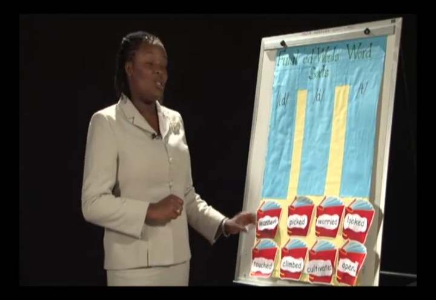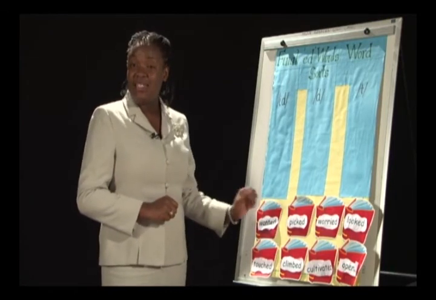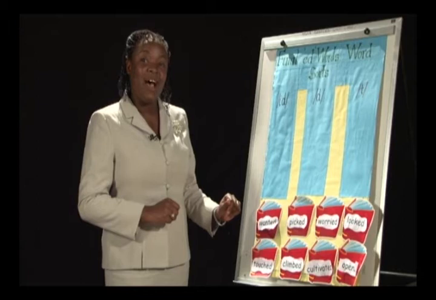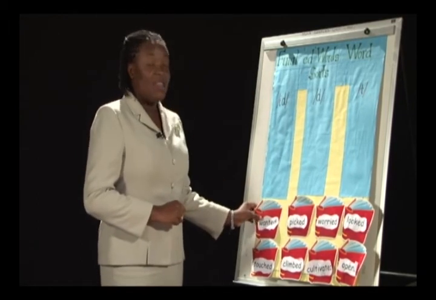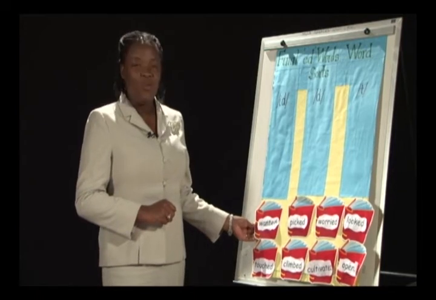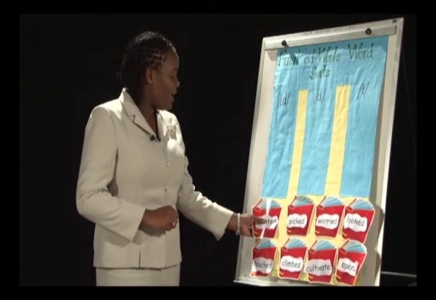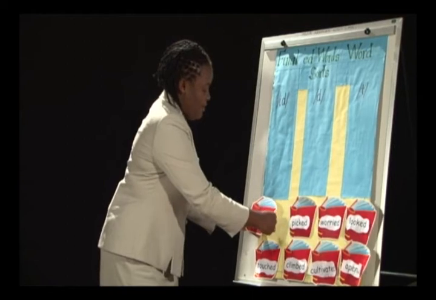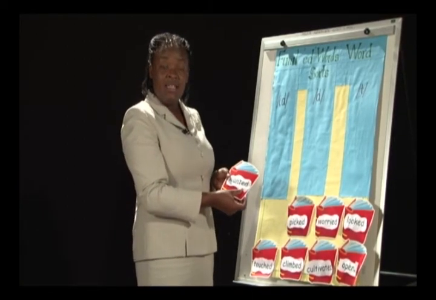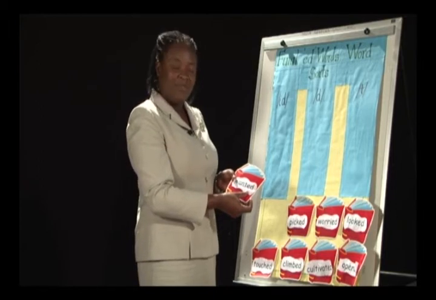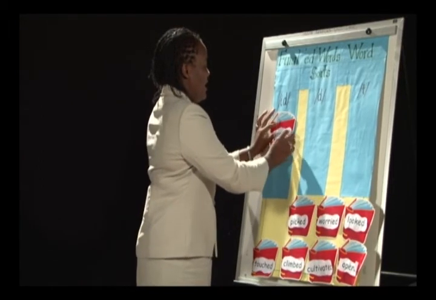We want to categorize them based on their ending sound. So we are going to be doing that now. This is the word wanted. The ending sound is id. So we place it here.